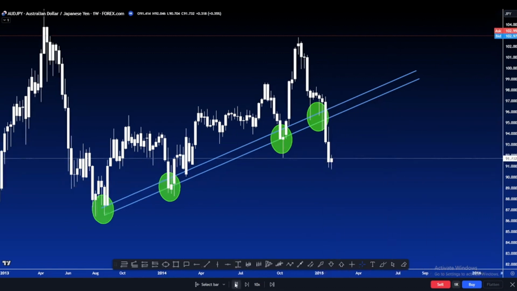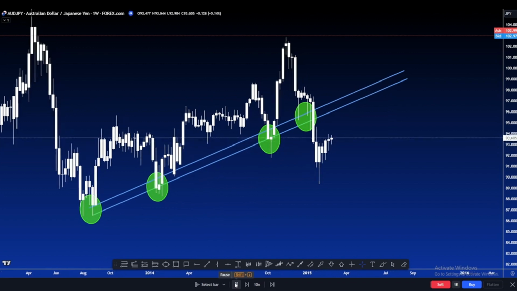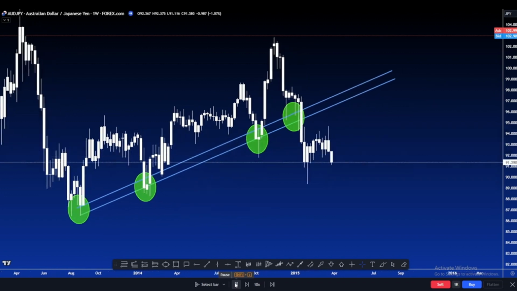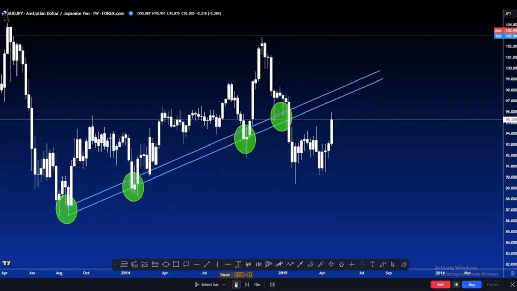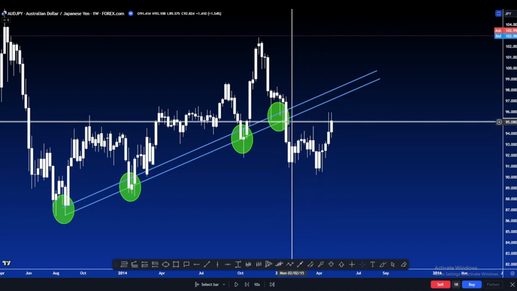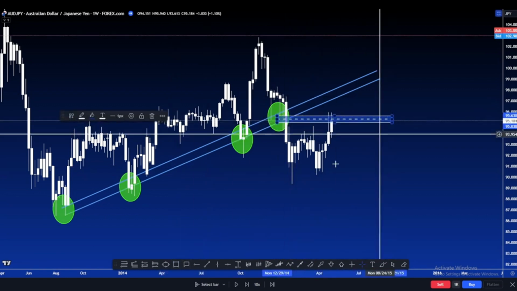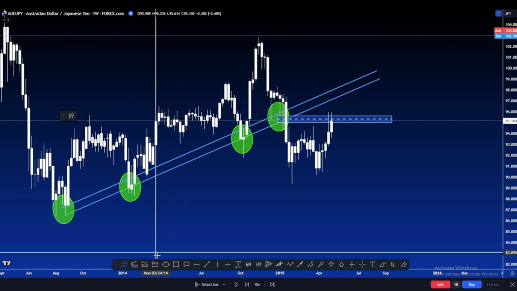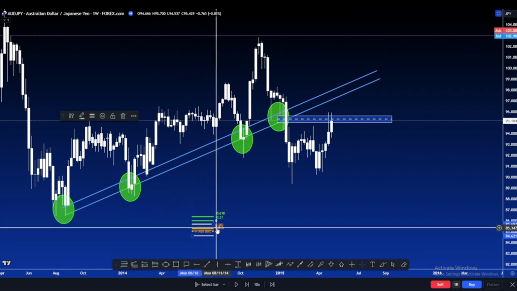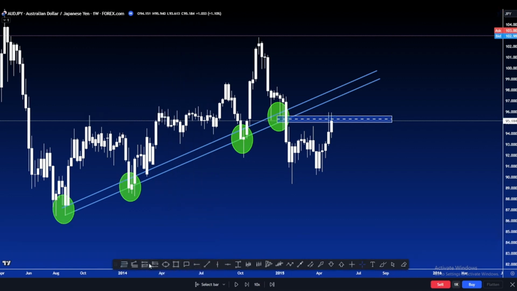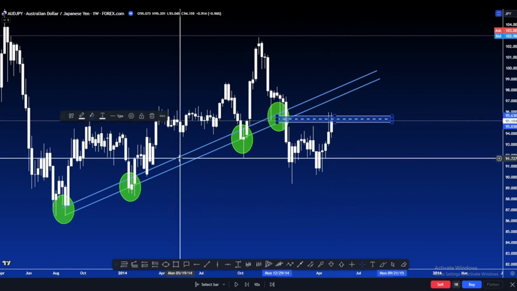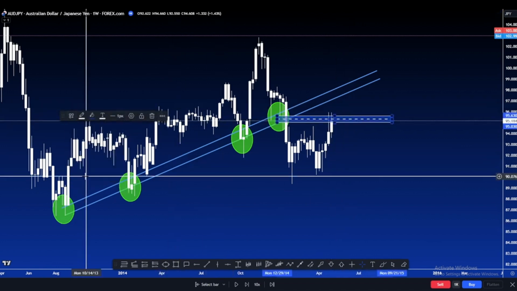All right, so let's see what happens. Boom, it got right back to the area that it broke and retested. Kaboom, right? Now hold on, hang tight. So now this area is acting as resistance.